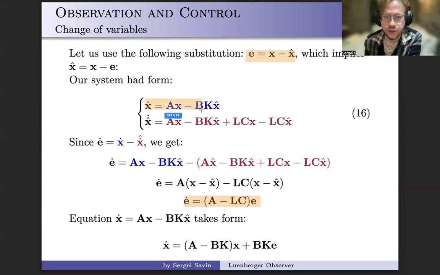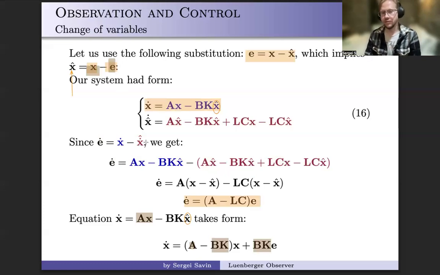Now, what we want is to take this equation and get rid of x hat here. So x hat, remember, is equal to x minus e. So we put it into here. And what's going to happen is you would have the same Ax minus BKx from here, so minus BKx plus BKe, so plus BKe.